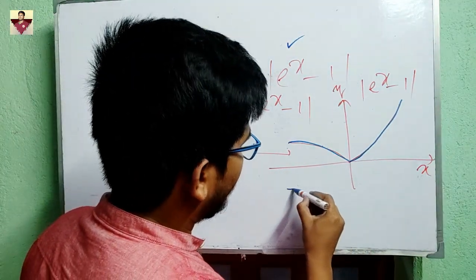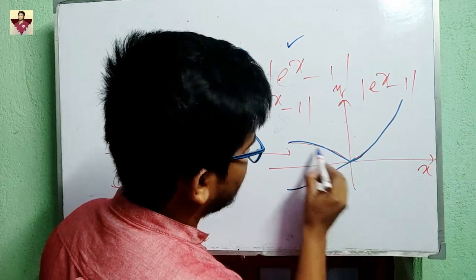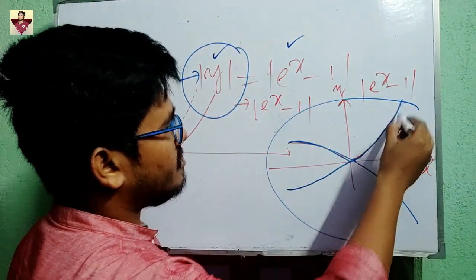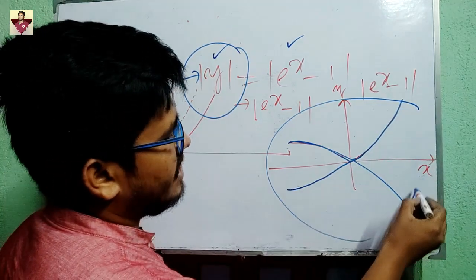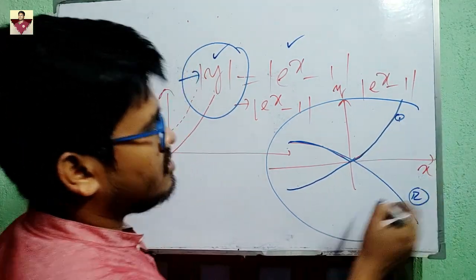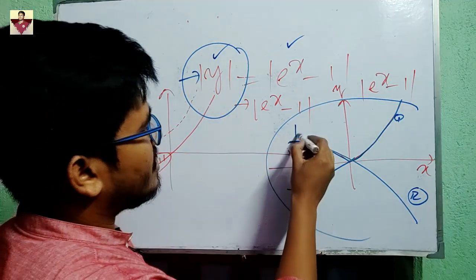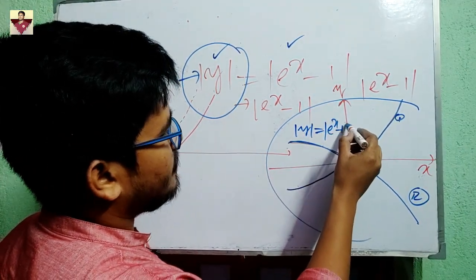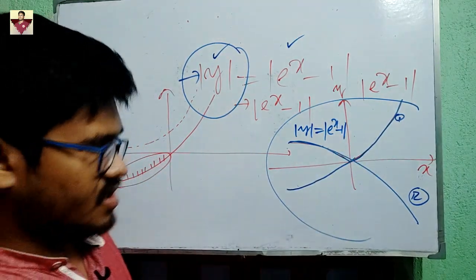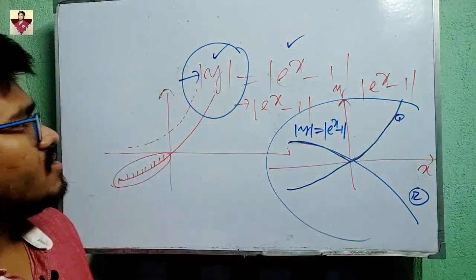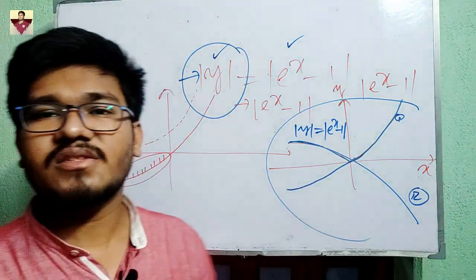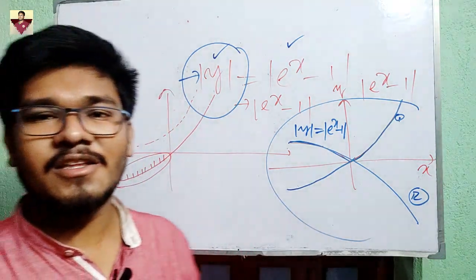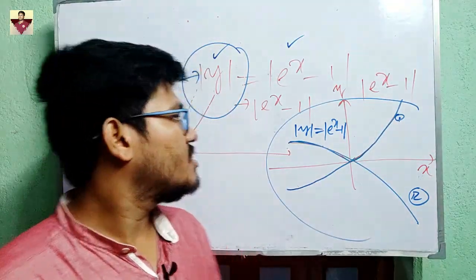The graph will look like this. This whole graph, which consists of this line and also this line, line 1 and line 2, belongs to the curve mod of y equal to mod of e to the power x minus 1. It is very interesting. You can plot many more functions, and if you experiment with other functions, your concept will be much clearer.